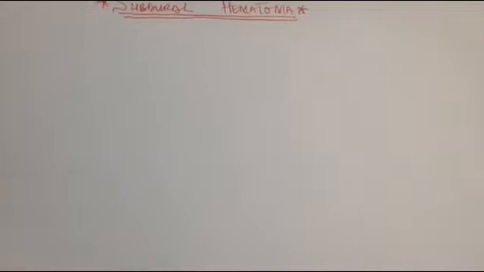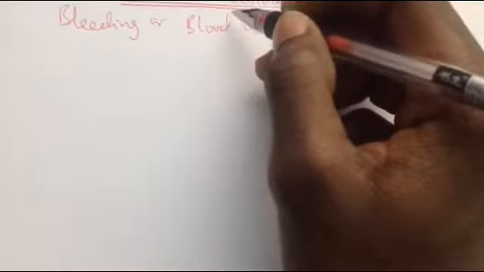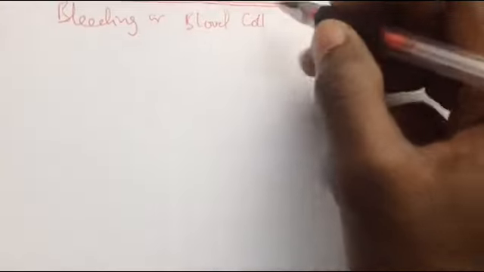So this subdural hematoma by definition is a type of bleeding, or a collection of blood, that gathers between the inner layer of the dura mater and the arachnoid mater of the meninges. Hematoma means blood outside the blood vessel, right?